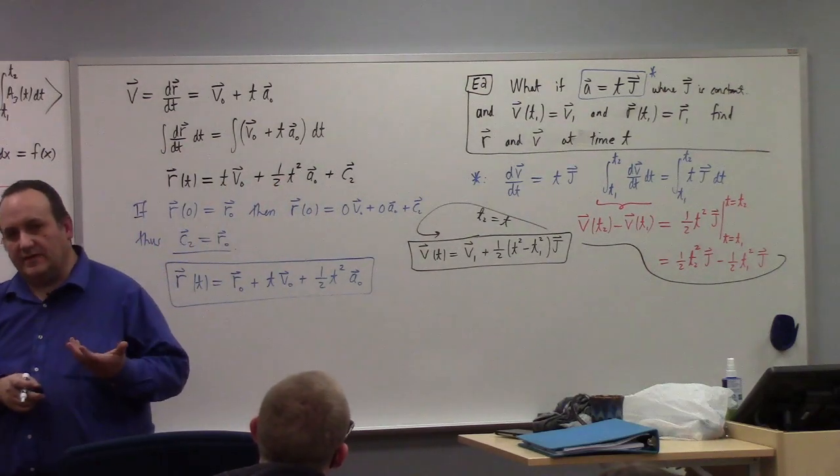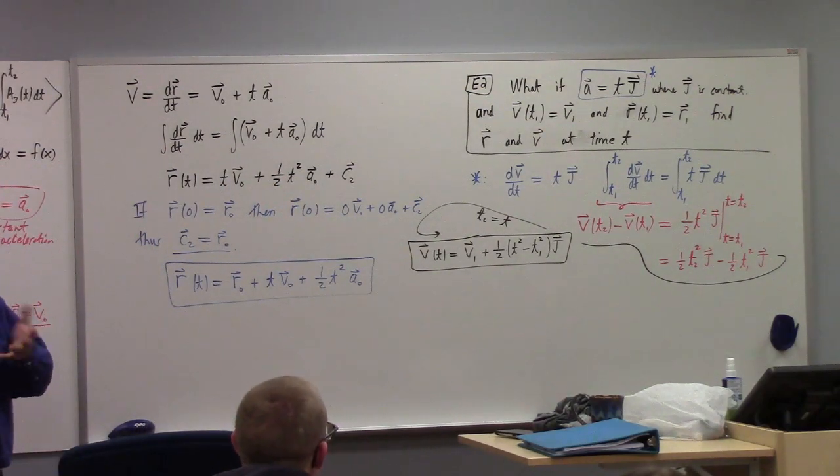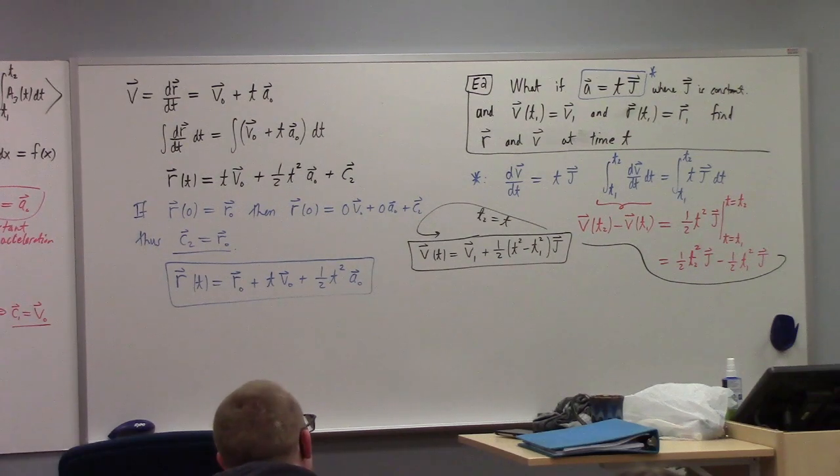Because we're given that the velocity at time t1 is v1. And there's a common j, I can factor it out. I can do algebra there. And I'm just saying t2 equals t.